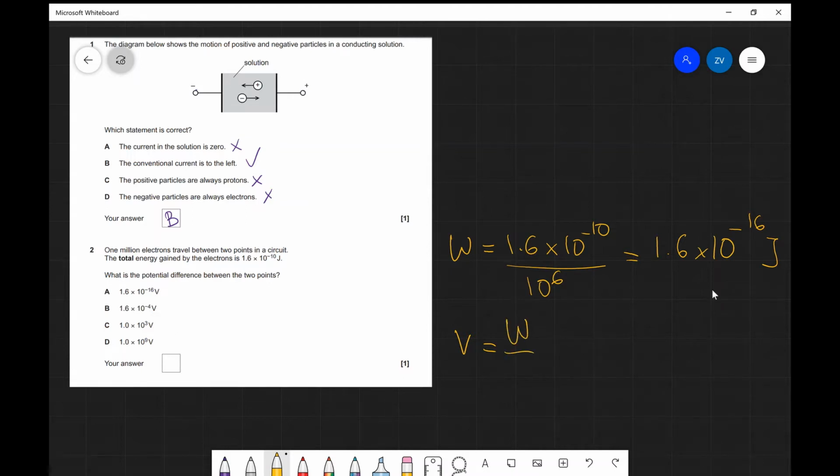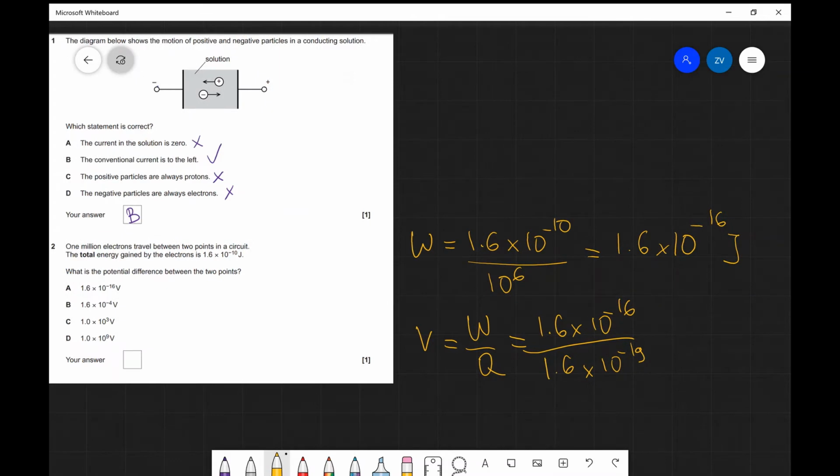So this is going to be equal to W divided by Q. We know that our W in this case, our energy per electron, is 1.6 times 10 to the power of minus 16. And we know that our charge of an electron is 1.6 times 10 to the power of minus 19. And we'll probably not even need a calculator for this one.